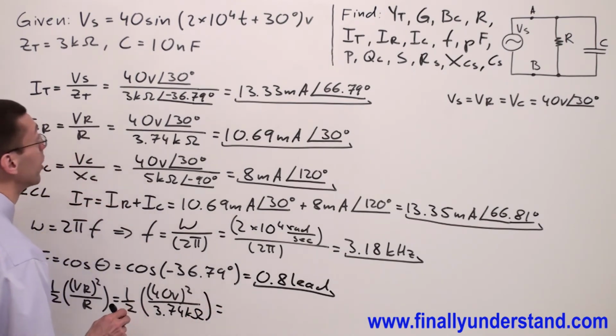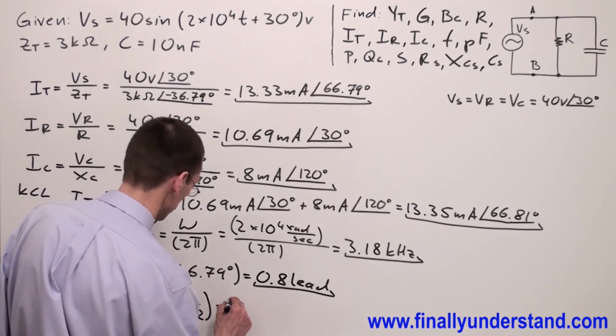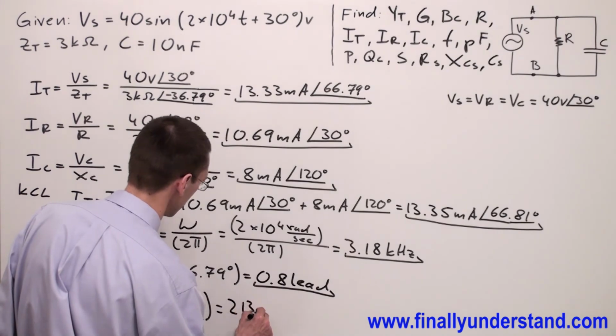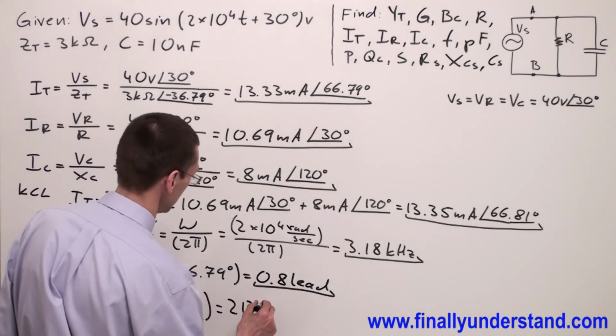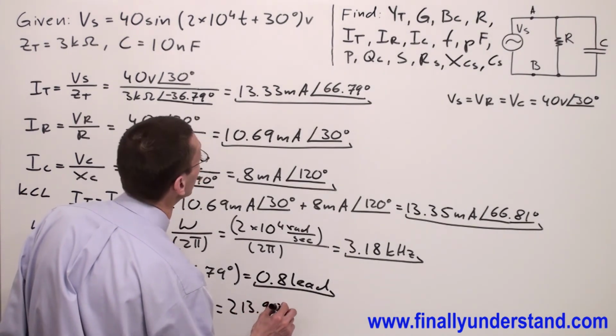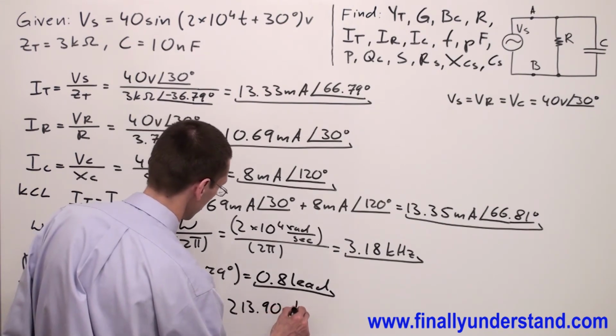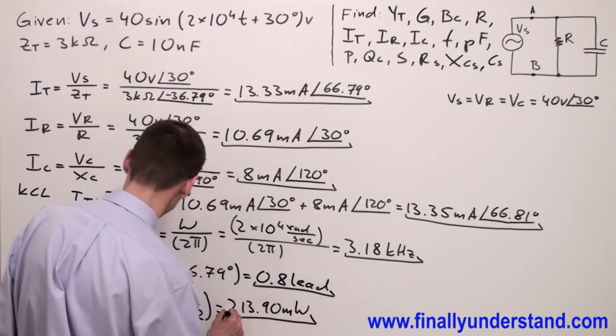So the true power in my circuit is equal to 213.90 milliwatts. Okay, this is the true power.